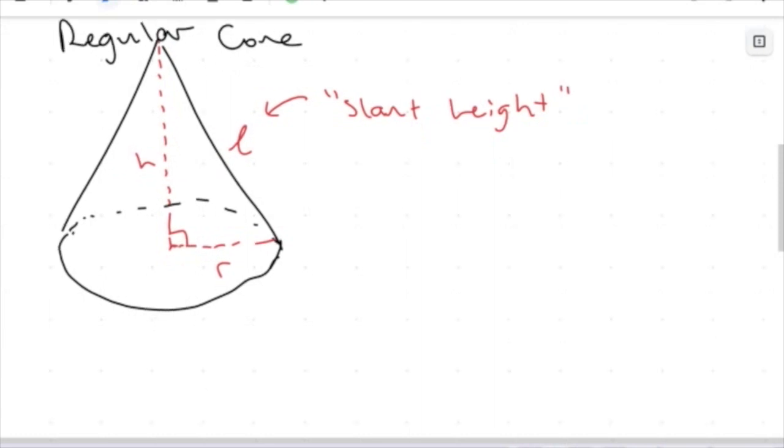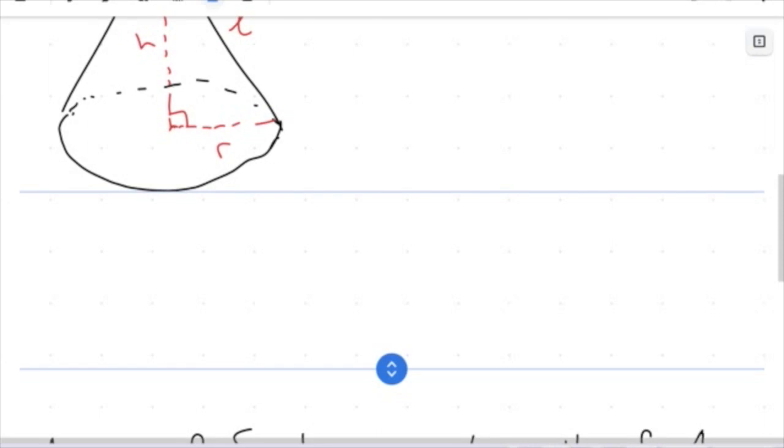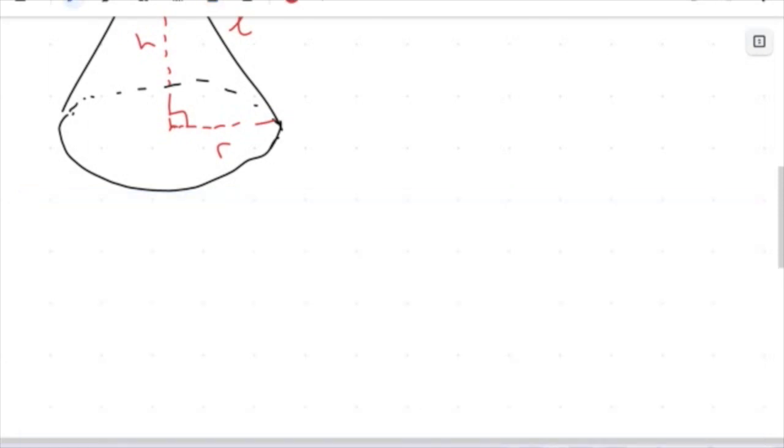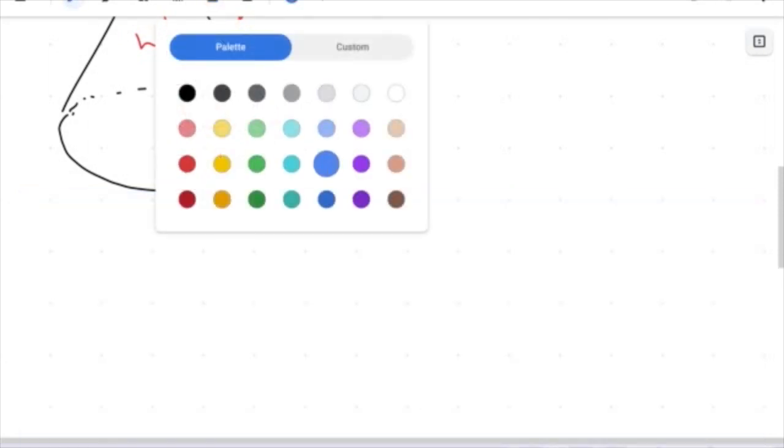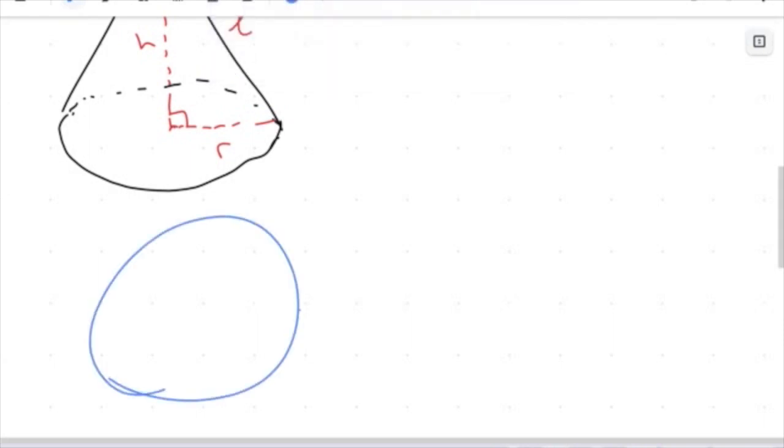But surface area we defined before as the area of all the surfaces, so we just want to figure out what our surfaces are. So we have one down the bottom here. This is our circle down the bottom, so one of my surfaces is my circle with radius r.